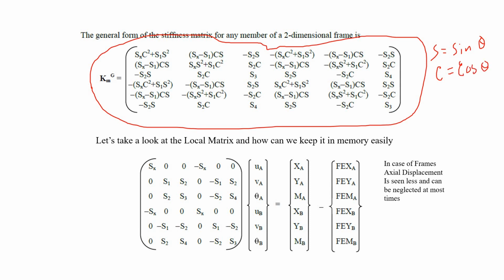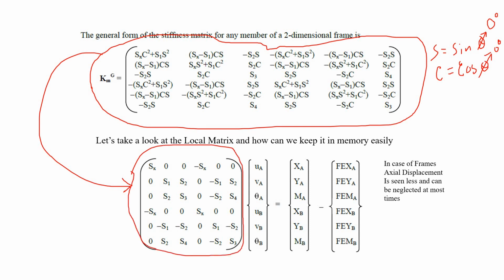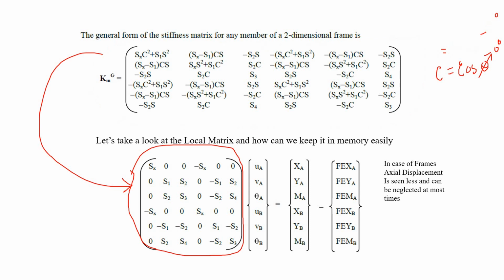Another thing is, if theta is 0 degrees, you can place the theta equals 0 values in this matrix, and you're going to end up with the local matrix, which we have discussed before when we did the 2D truss. Okay, alright, so that's about it here. So let's take a look at further.